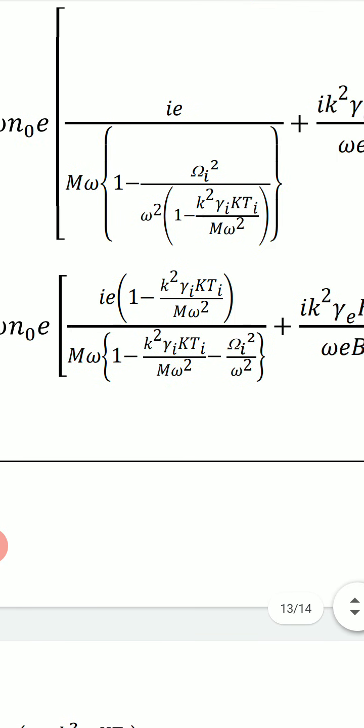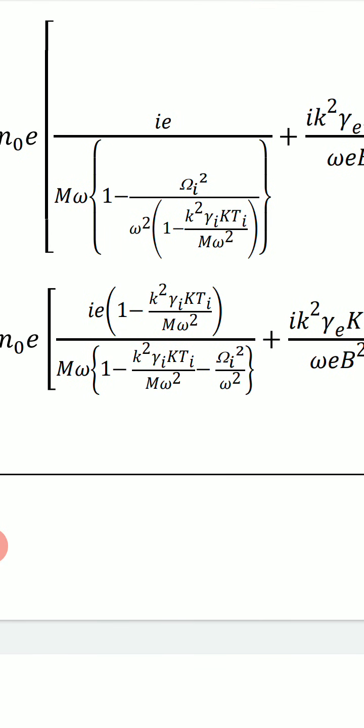In the next step, we write the first term inside the bracket as i e into 1 minus k square gamma i k Ti upon m omega square. We take the LCM in the denominator, so it comes up, and in the denominator we have m omega into 1 minus.